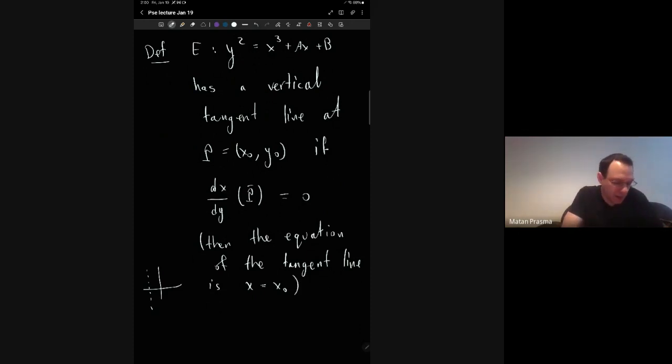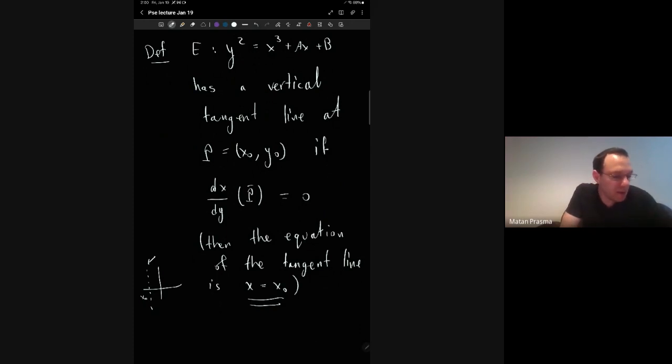Okay, so you can think of this equation as a polynomial in two variables, in a degenerate form, and the set of all pairs x comma y satisfying this equation is precisely this dotted line. Okay, so this is how we define vertical tangent lines.